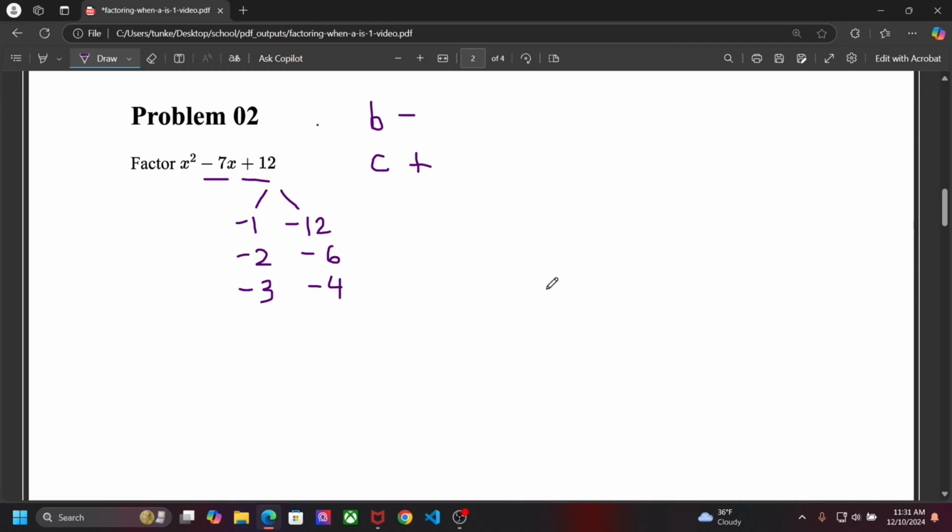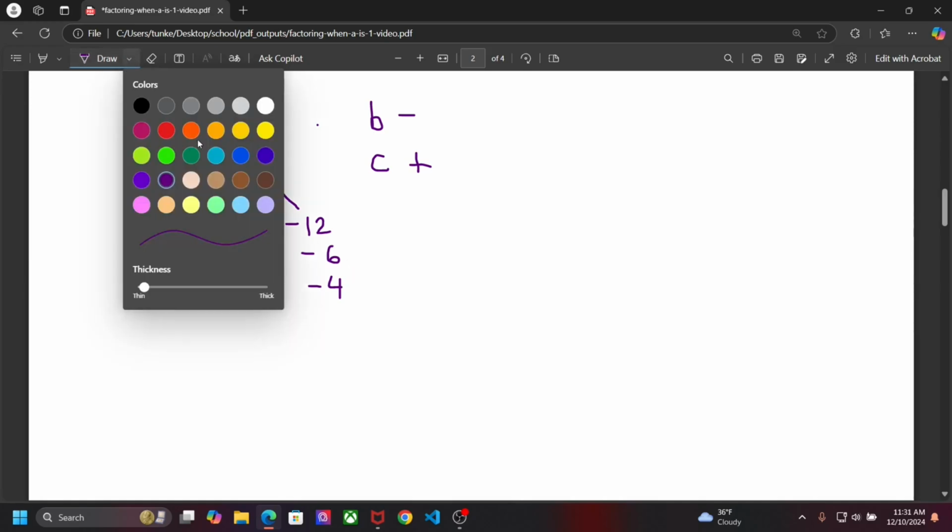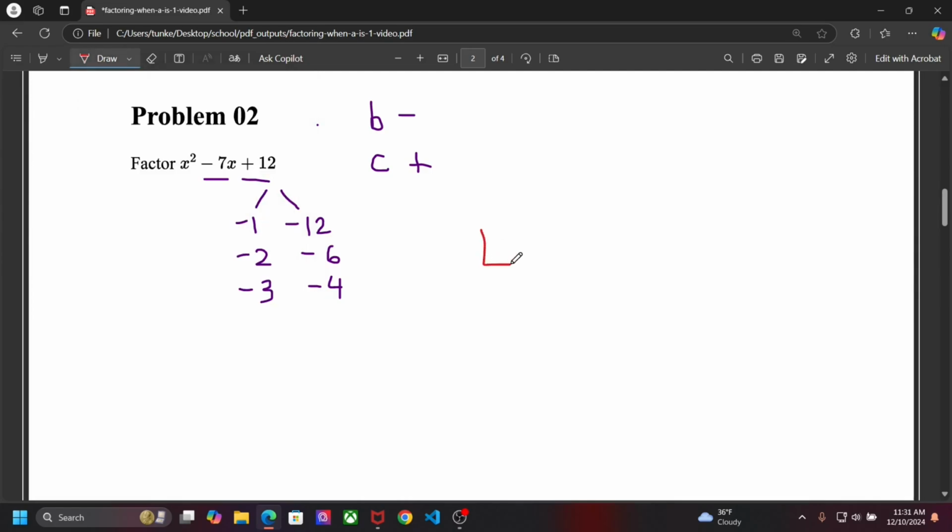If I list these out, I see that -3 plus -4 will equal -7. So if I'm doing the other teacher's technique where I do the square plus the triangle, I can put in -3 plus -4.